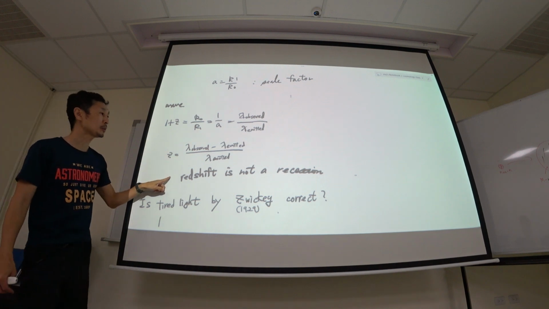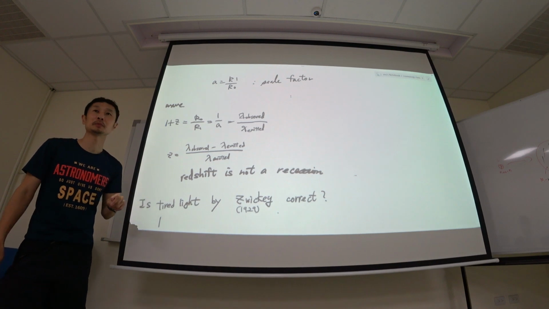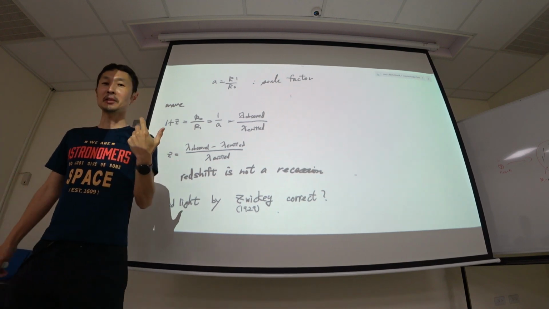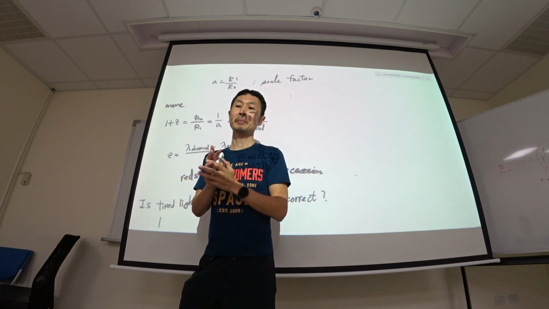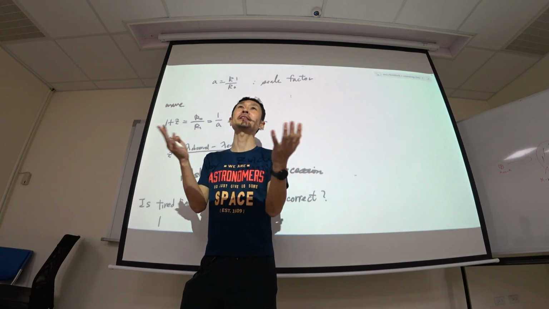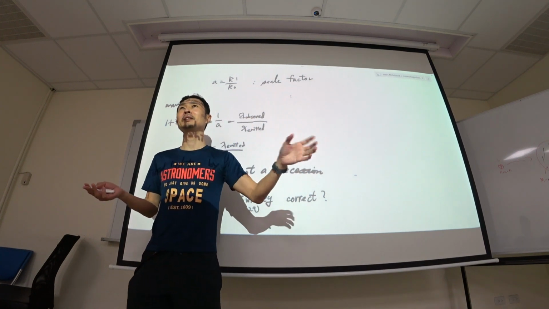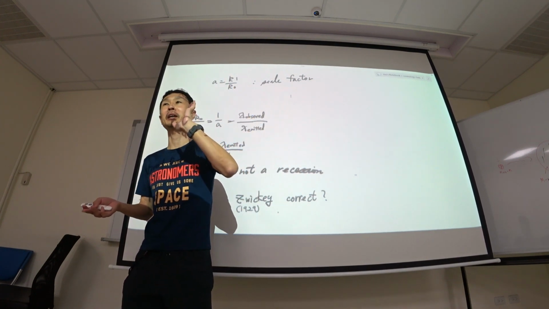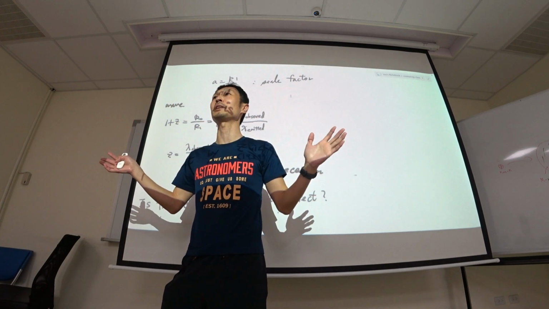One caution is that redshift is not a recession. When people talk about redshift, there's something similar, the Doppler effect, right? When an ambulance comes in, the frequency gets higher, and when the ambulance goes far away, the frequency gets lower, right?